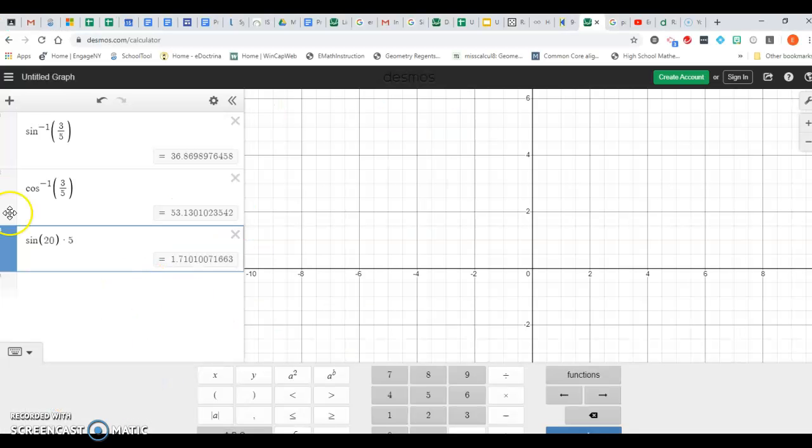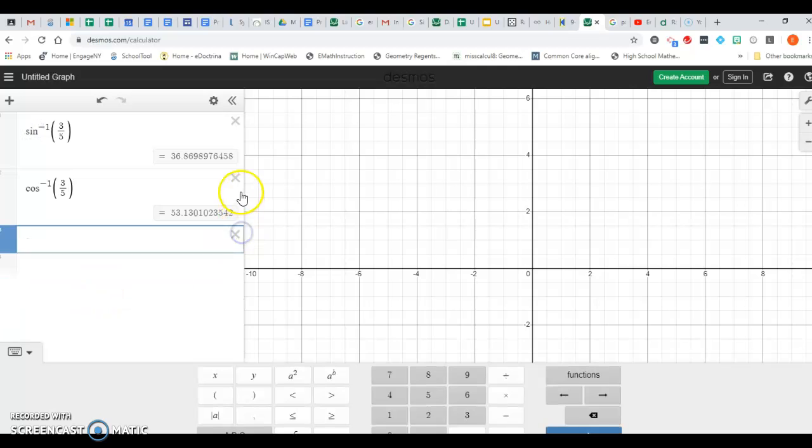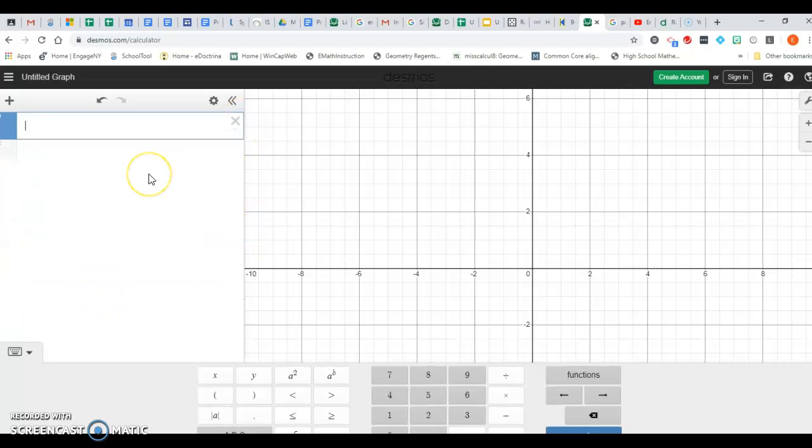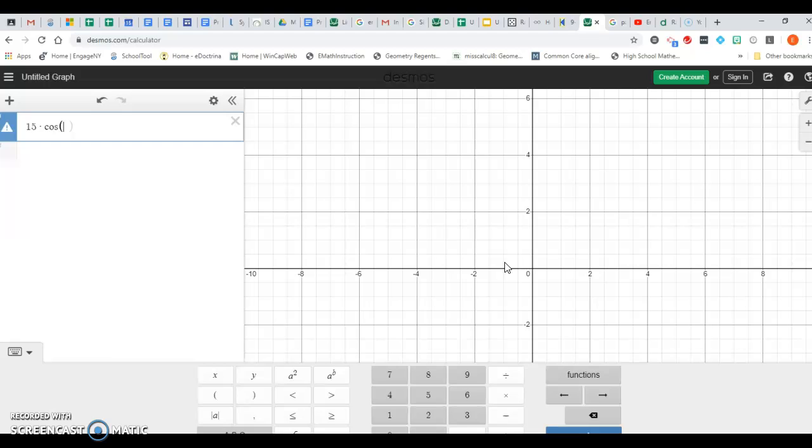So I can go, again, add a new equation. I can click all these and click these off, but I can say 15 times the cosine of 80. And I can find what that value is. So I can use all of the functions in the Desmos calculator to help me.